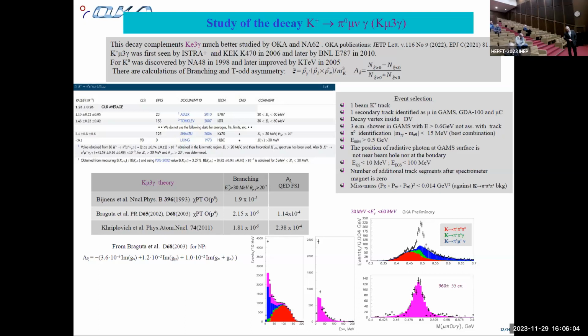So the limit from above is... To compare our branching with previous results, actually, theory is not using this upper limit. Instead, it's using some cut on the angle between muon and photon, and we actually have to do the same to compare with theory. So there are predictions from theory, as I said.